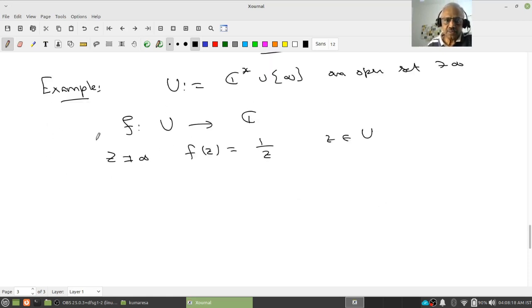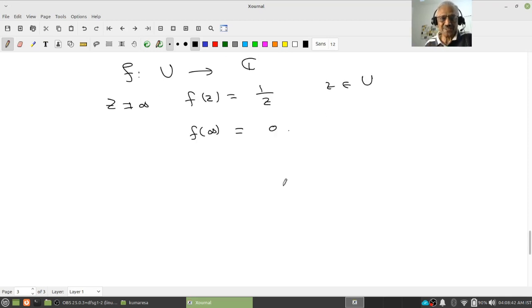Now remember, f should be a function on U, therefore I should define f of infinity also, and that must be a complex number. I want to produce a complex number so that the function f is continuous at infinity. What will be your choice? I'm sure all of you know that: 0. By intuition you know that, but we want to prove this rigorously.